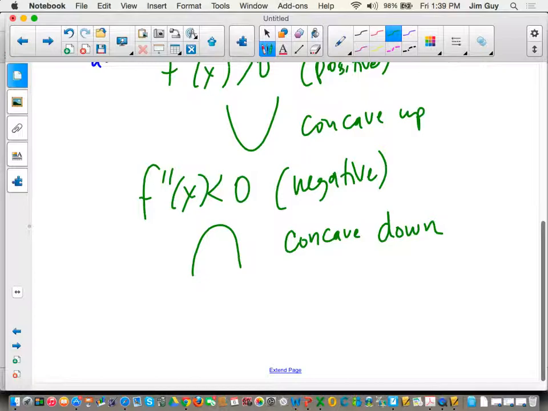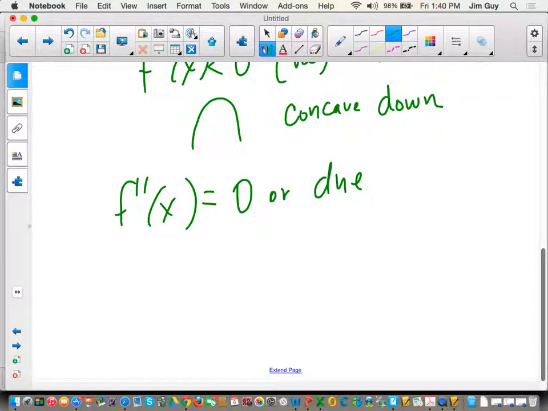So what's going to be happening at the point of inflection, do you think? You bet. If the second derivative equals 0 or does not exist, that is a possible point of inflection.